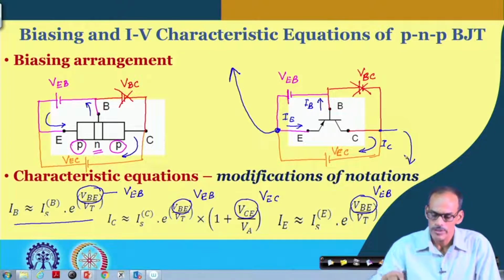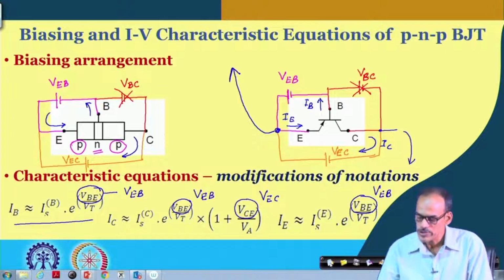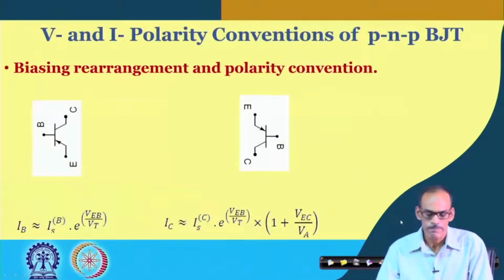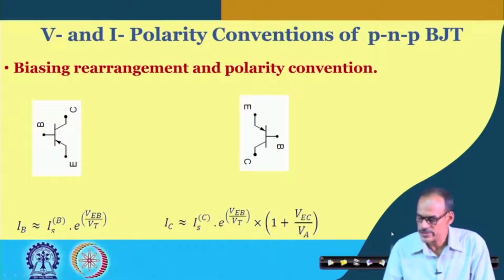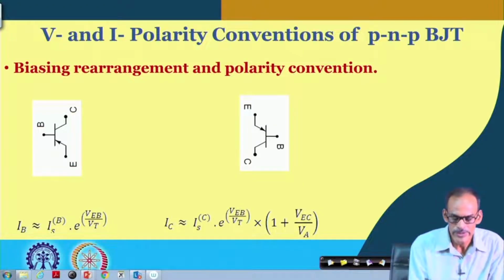So, we will simply rotate this device 90 degrees for our convenience. If you see in the next slide, that is how we have done. We have rotated this device and then the corresponding biases can be explained like this.